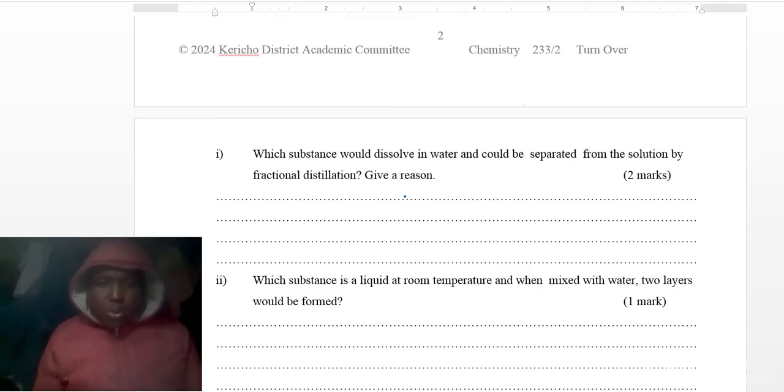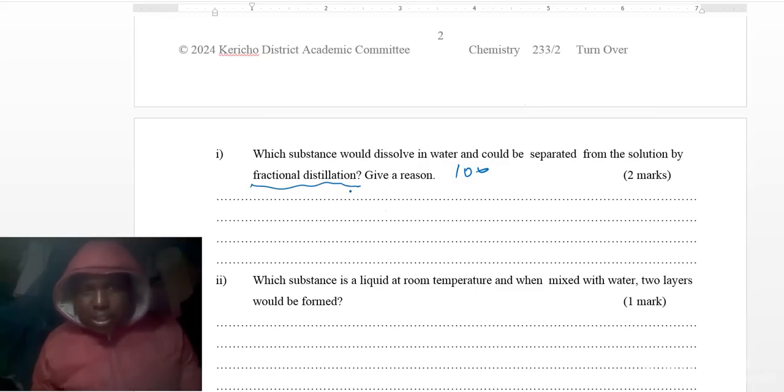So for these two substances, 1, they must have different boiling points. 2, the boiling point must be close to each other. So now water, we know the boiling point of water is 100, right? So this substance that we are going to dissolve in water and then separate using this method must have a temperature that is different but close to 100.